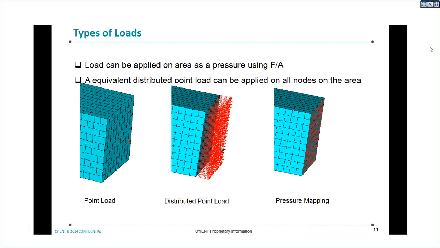Instead of applying on a node, you count the number of nodes on this cross section and divide the load by the number of nodes, then apply that value on these nodes. The second and best method is pressure mapping. You calculate the area, divide the load by the area, and directly apply the pressure. This will give a good result.